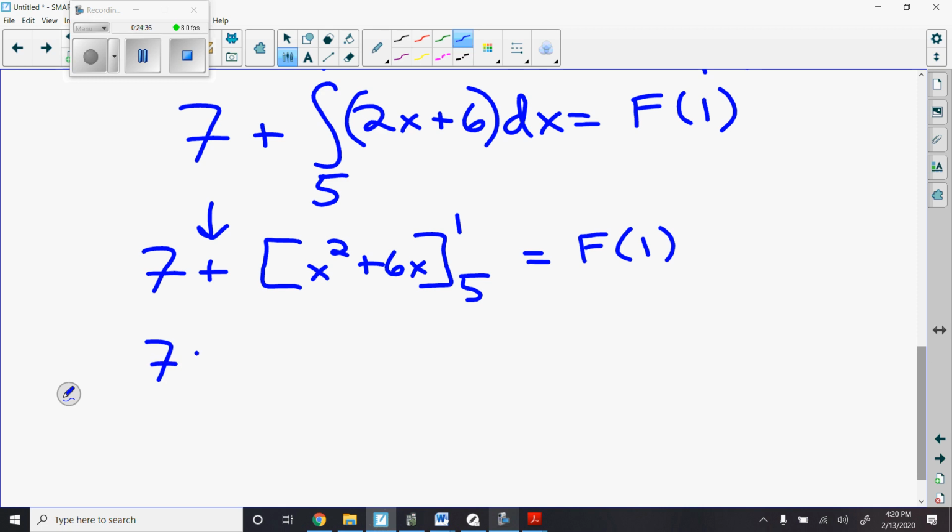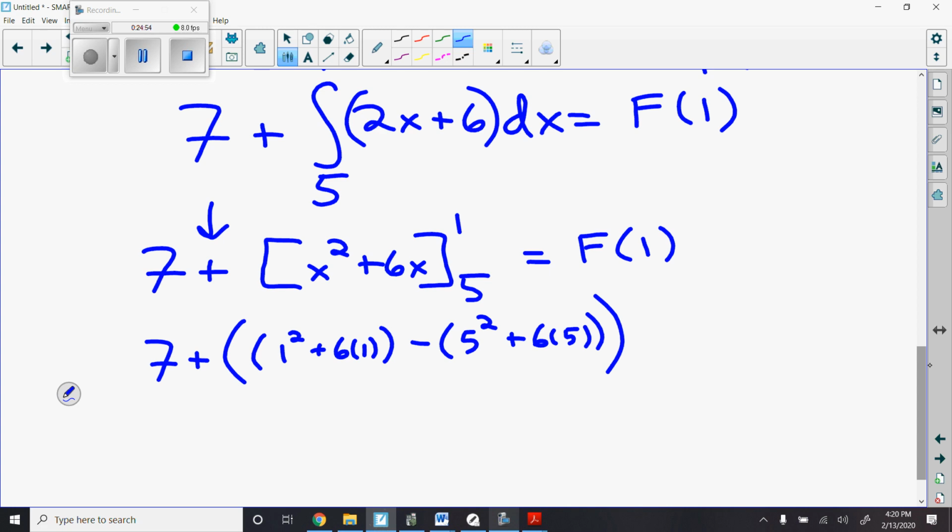Then when I plug in, I'm going to get 7 plus. I'm going to plug in 1 first. 1 squared plus 6 times 1 minus 5 squared plus 6 times 5. Okay.